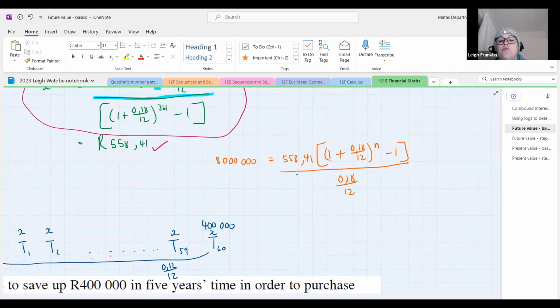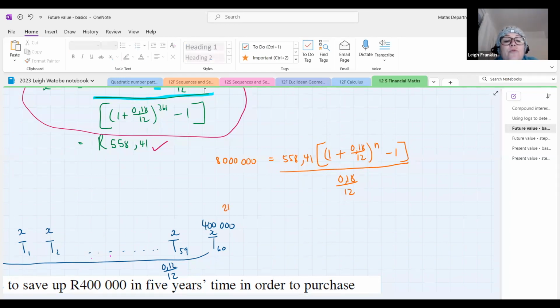So you're going to have to cross multiply the 8 million with the 0,18 over 12 and then divide by the 558,41. So we would end up with 8 million times 0.18 over 12, divide that by 558.41. Now you cannot round off, you've got to keep all these decimal places.